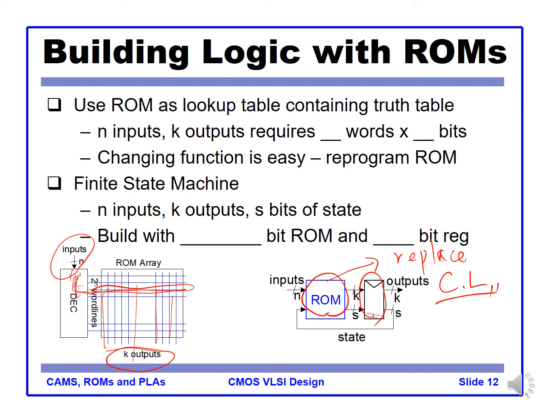So I'm not sure you guys learned about finite state machines in digital logic design. So we know that there are two kinds of state machine. One is the Moore machine and the other is the Mealy machine. You need to distinguish those two.